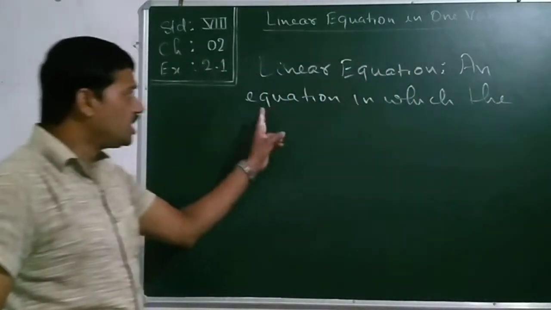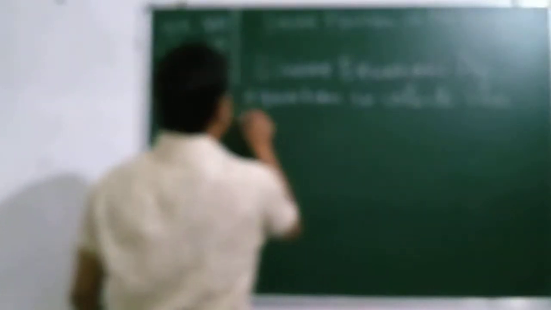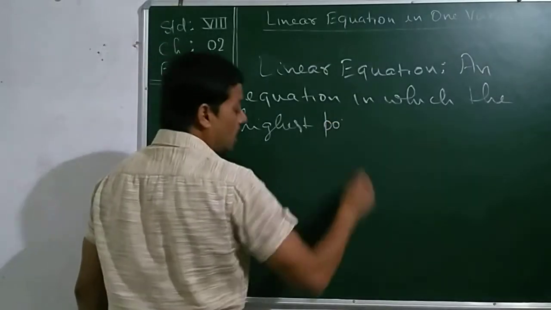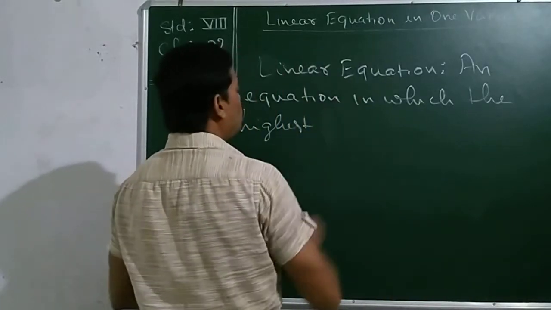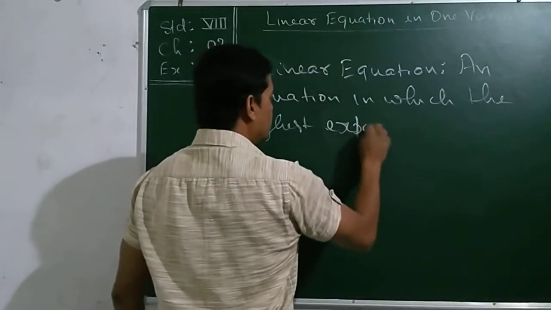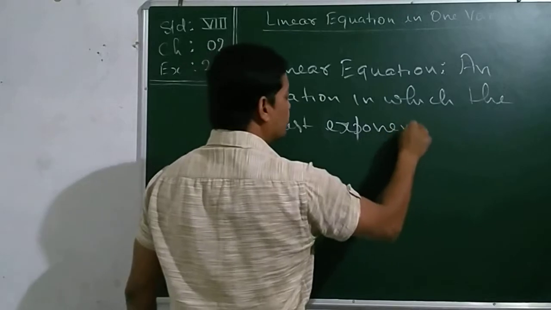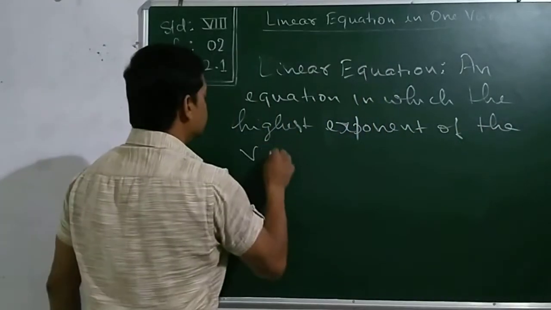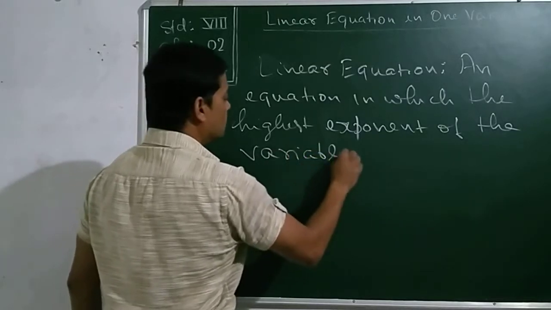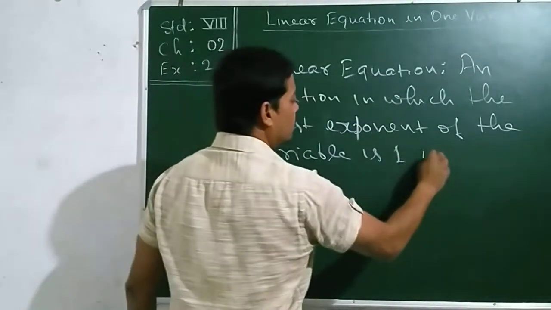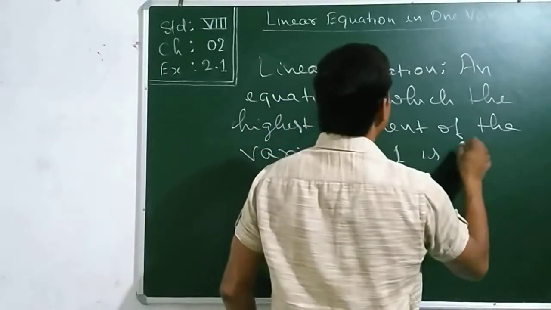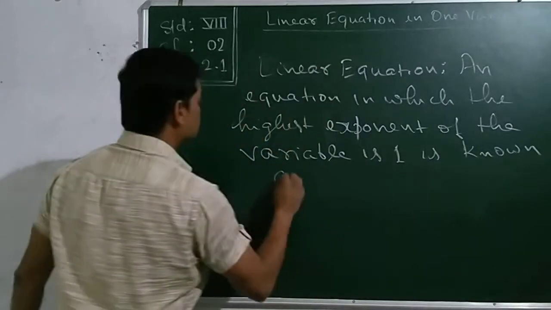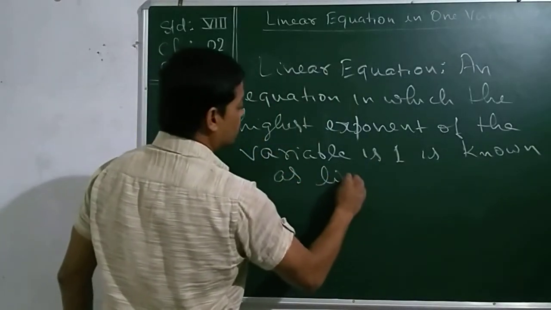An equation in which the highest power or exponent of the variable is 1 is known as a linear equation.